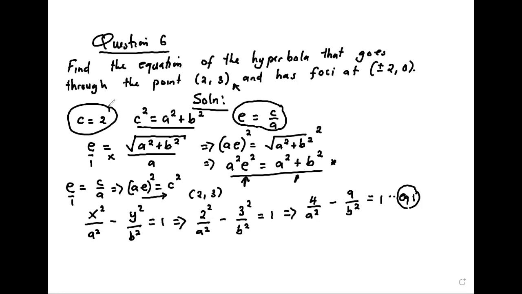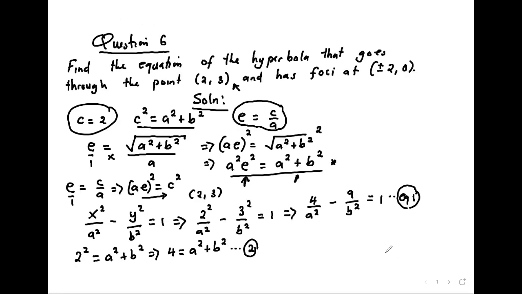So we have the second equation: 2 squared is equal to a squared plus b squared, so that 4 is equal to a squared plus b squared. Very interesting. Now we put these two equations together and solve for the variables a and b, and then we'll have our equation. So how do we solve for those variables from these two equations?